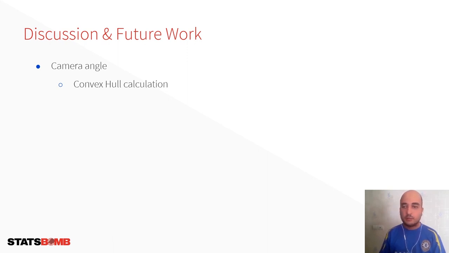For example, if the camera is only showing a few players from the opponent team, the convex hull that we draw on the image is not the actual convex hull, and we should keep that in mind. We saw that the player orientation, basically the body orientation, has an impact, and we don't have it in the data. That's why it's very important to judge players based on the video footage and not these static images that I show.